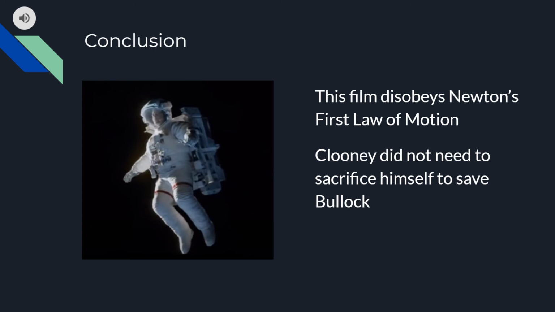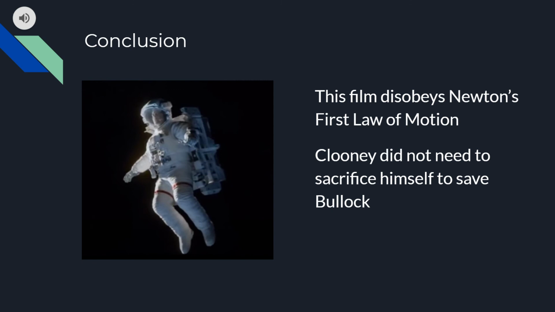This tugging force would cause him to accelerate slightly towards Bullock, and he would then travel at a constant velocity towards her since there are no other opposing forces acting on him in space. Again, this would happen because of Newton's first law of motion. This would allow Clooney to survive this scene and would not have to sacrifice himself.